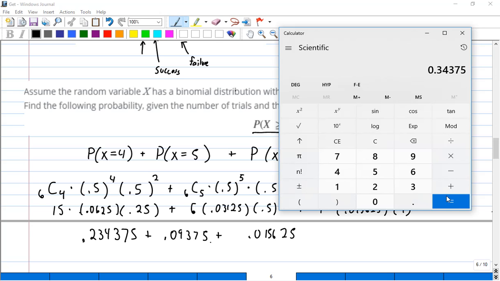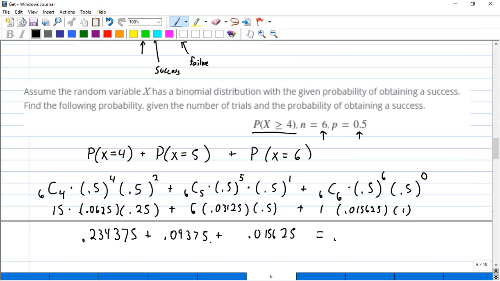All right, so 0.34375. All right, it's not too bad. It's just all those small calculations that we have to do.